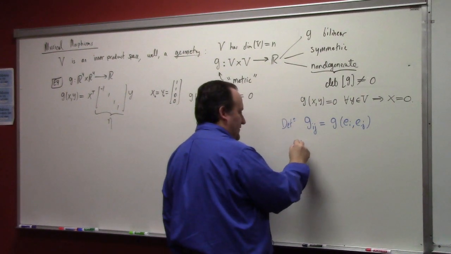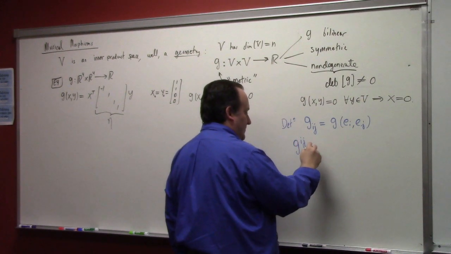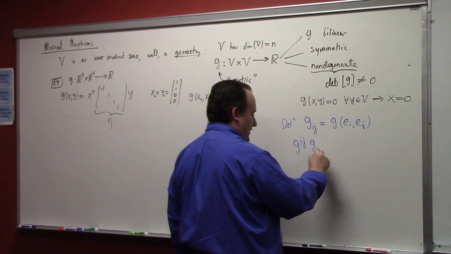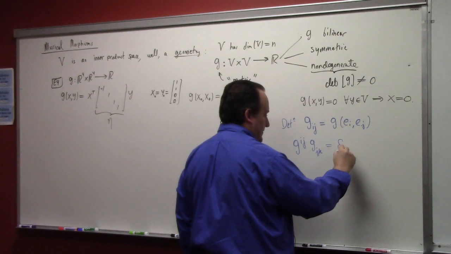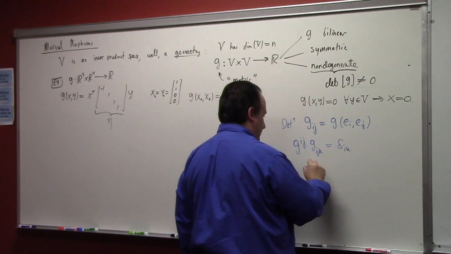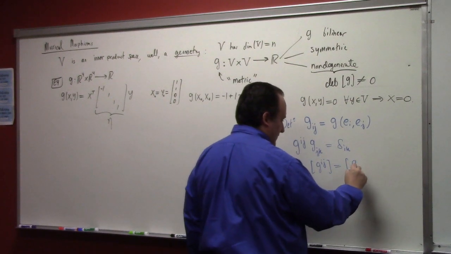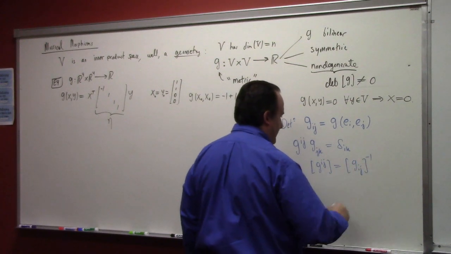And g upper ij times g lower jk is the Kronecker delta ik. In other words, the matrix g upper ij is equal to the matrix g lower ij inverse.